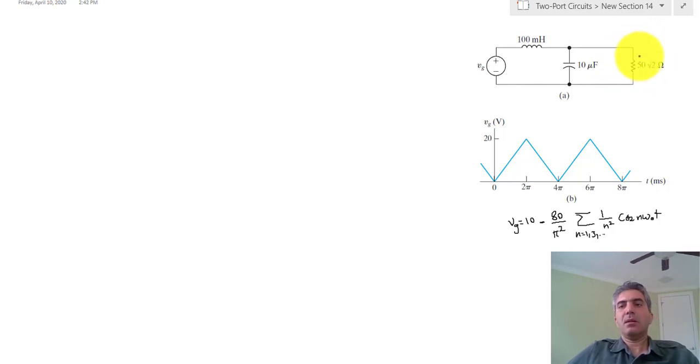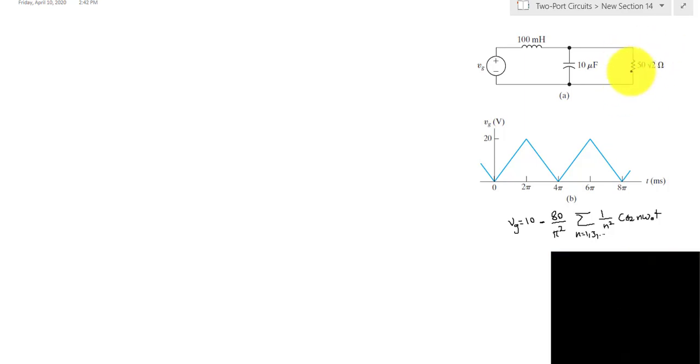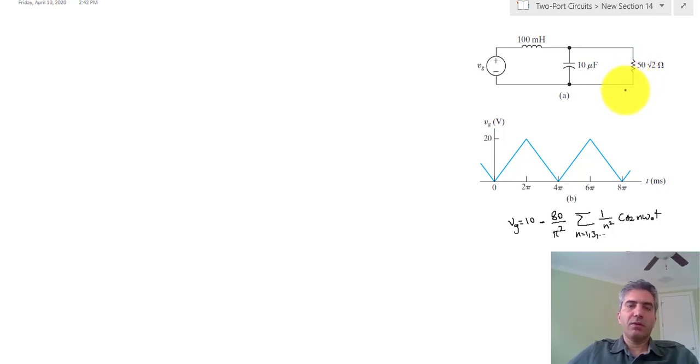Now, since the voltage is periodic, the average power is the RMS voltage of the resistor squared divided by the resistance itself, because when you have a periodic voltage, your power is also going to be periodic.